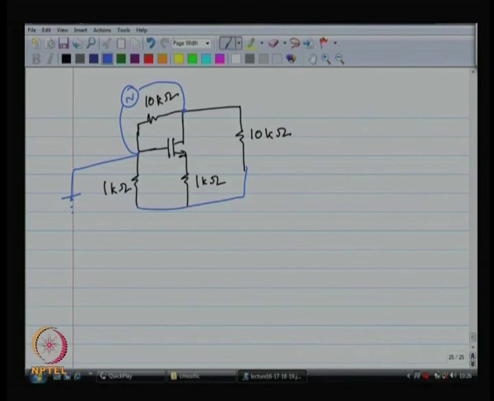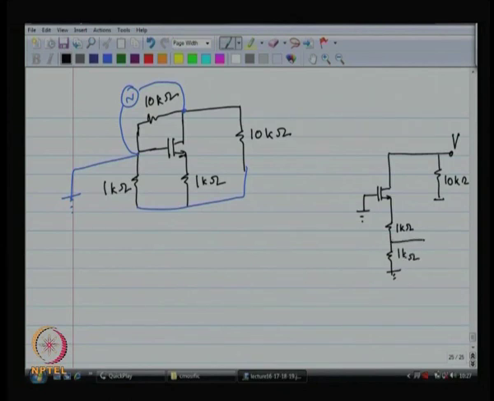Okay. And when I call the gate the new ground, I am going to redraw this circuit as this.